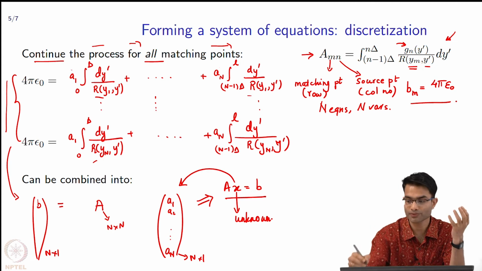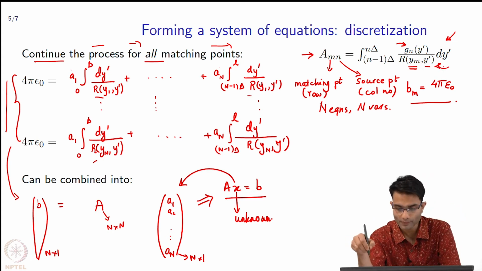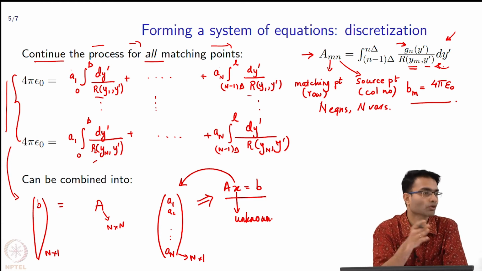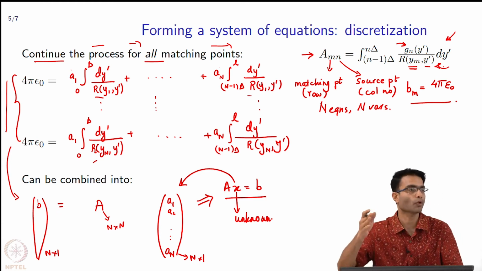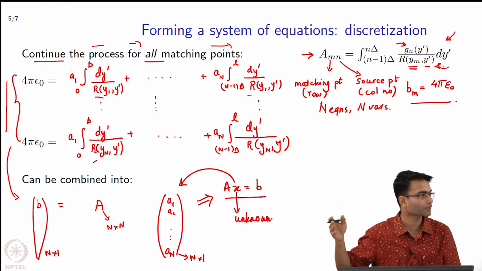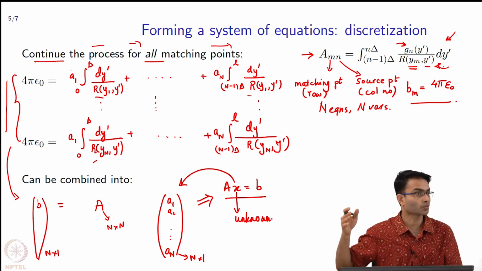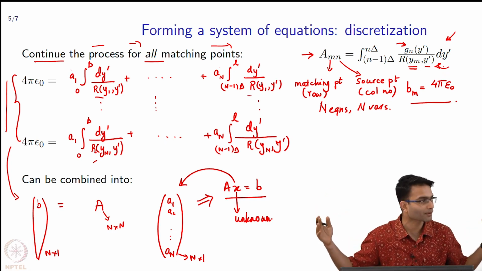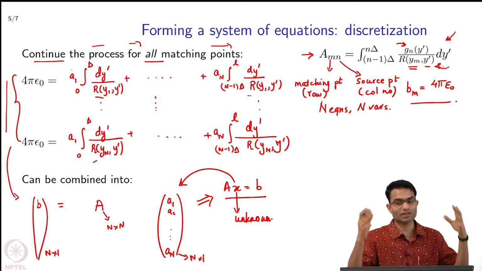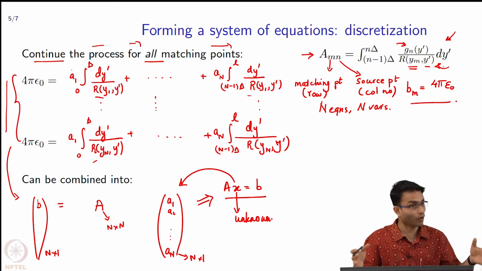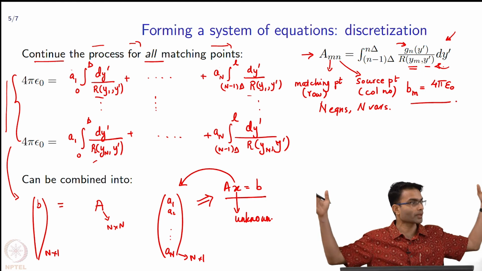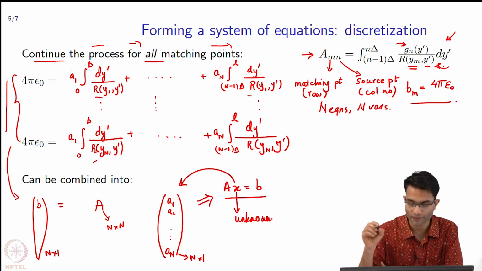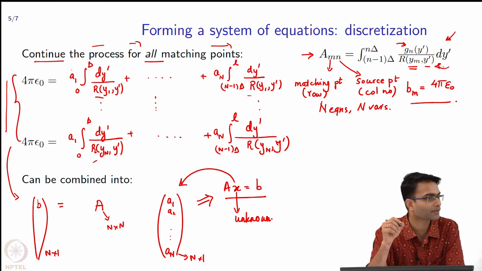And for 1,00,000 elements, if you are trying to evaluate this integral, the number of points you choose in your quadrature rule, the more the number of points, the more the number of function evaluations, and if I have to do this 1,00,000 times or a large number of times, or a million times or whatever, what will happen? Your cost of just evaluating the matrix elements itself, forming Ax is equal to b, is going to explode. So, that is why you need as efficient a way as possible of giving you this AMN to desired accuracy.